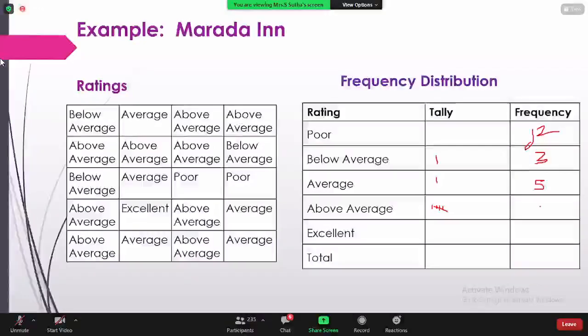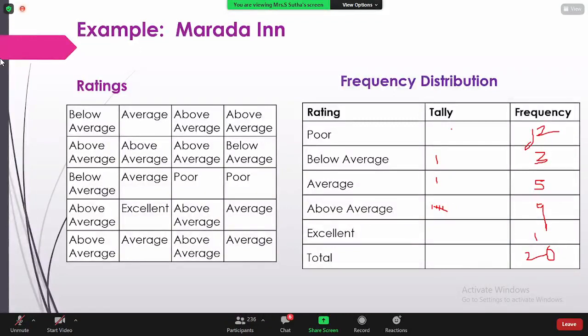And frequency for above average? 9. And frequency for excellent? 1. So total? 20. Right. So this is the frequency distribution.